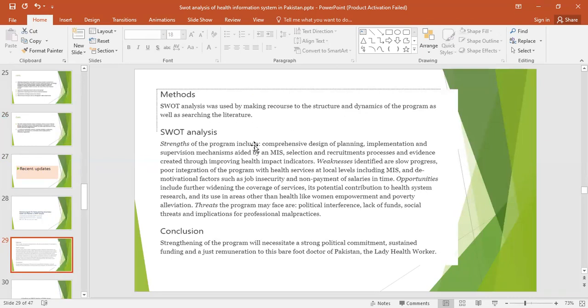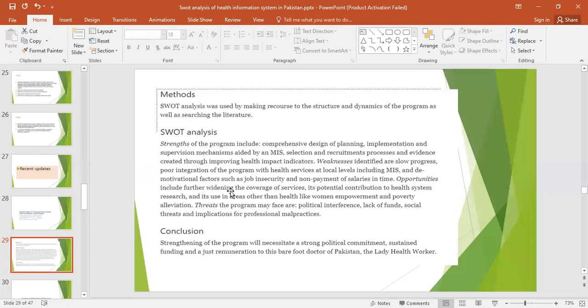Strengths of the program include comprehensive design of planning, implementation, and supervision mechanism aided by MIS, selection and recruitment process, and evidence created through improving health impact indicators. Weaknesses identified are slow progress, poor integration of the program with health services at local level, and demotivational factors such as job insecurity and non-payment of salaries on time.